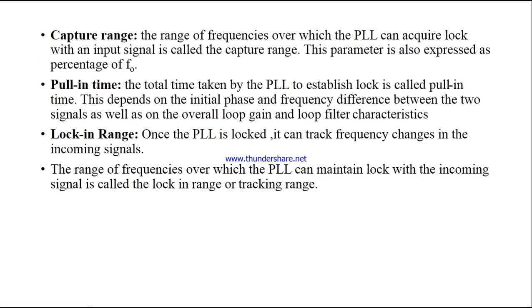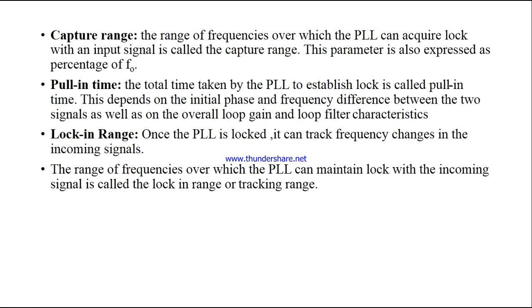Capture range means the range of frequency over which the PLL can acquire lock with an input signal, and this parameter is also expressed as a percentage of F0. Pull-in time: the total time taken by the PLL to establish lock is called the pull-in time.